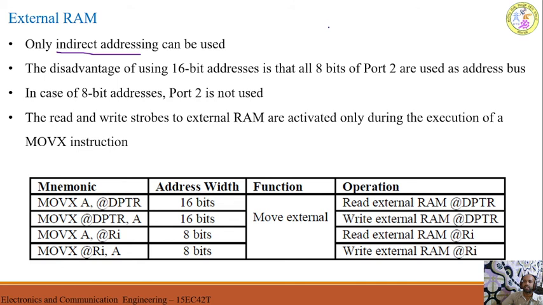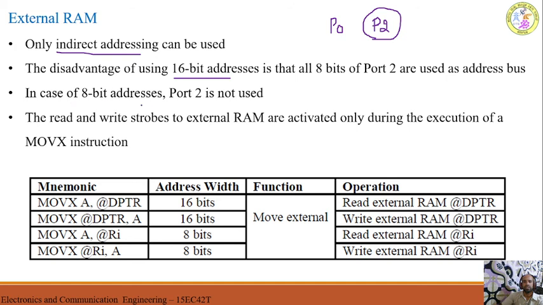We know that in 8051, port 0 contains the lower address from A0 to A7 and port 2 contains the higher order address from A8 to A15. So whenever you use a 16-bit address, port 2 will be made busy for the data transfer operation. Otherwise port 2 can be used for some other operation.